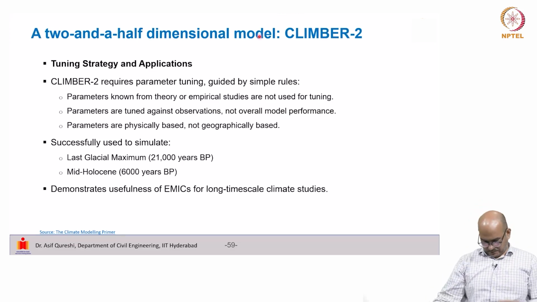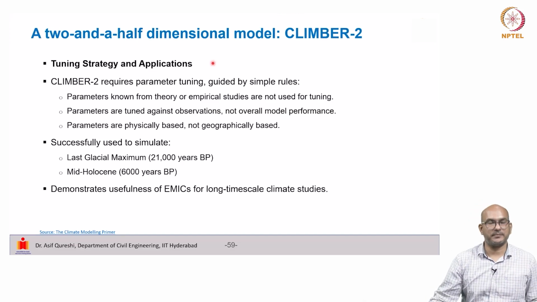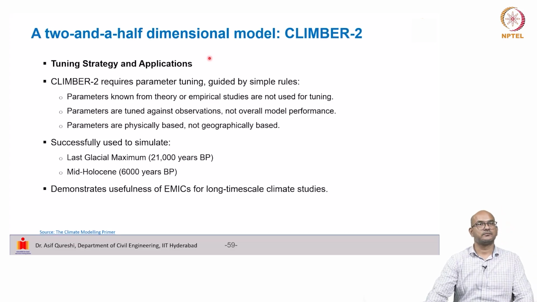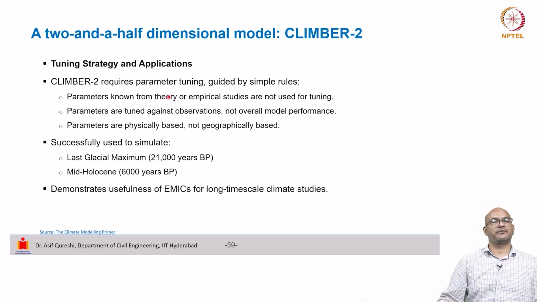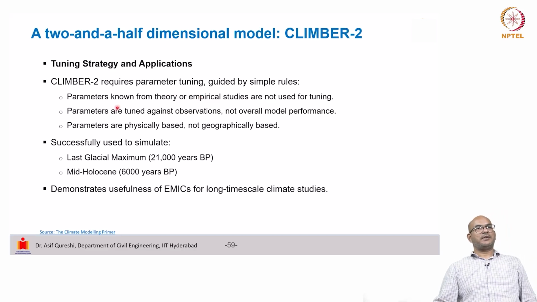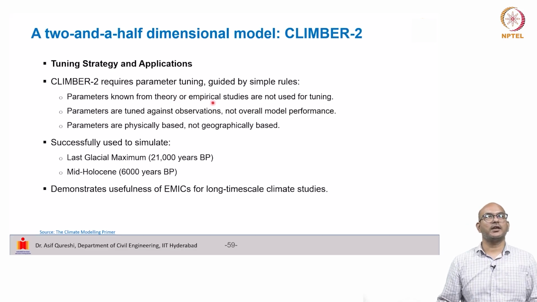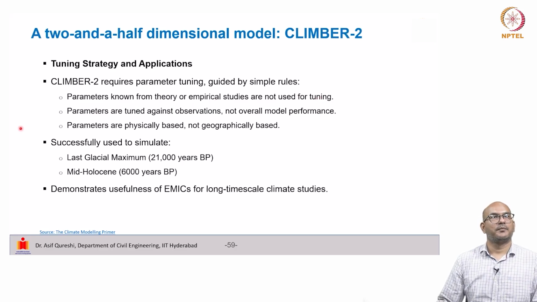First thing is, if we already know a parameter value from theoretical calculation or an empirical study, so if we know R is 8.3, we will not change that. So, parameters that are known from theory or empirical studies are not touched.